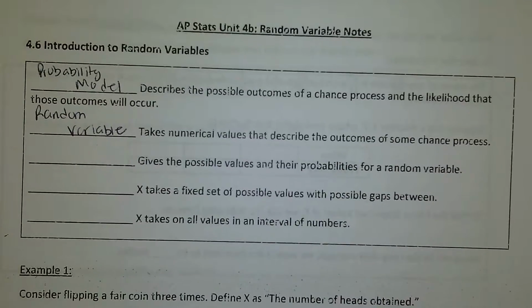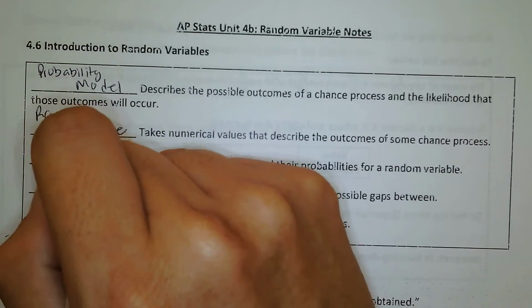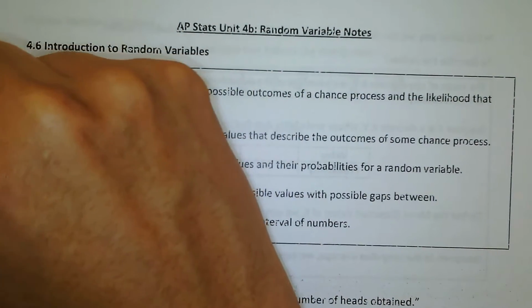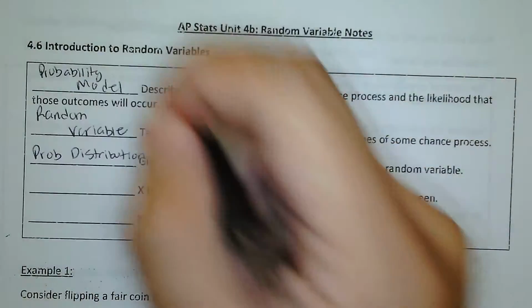And what gives the possible values and their probabilities for a random variable is what we call a probability distribution. And so I'm going to abbreviate probability as P-prob, and then random variable as RV.